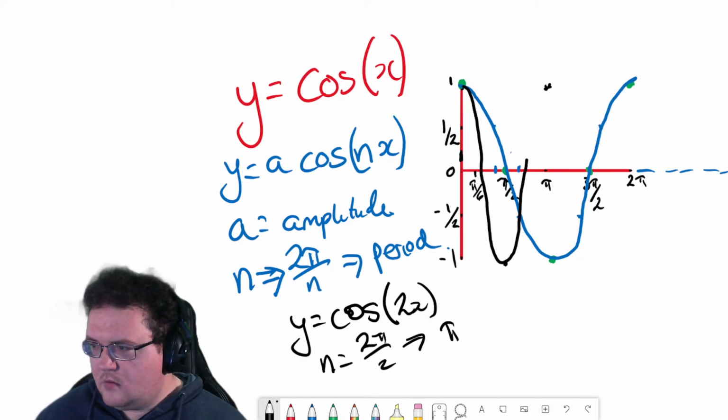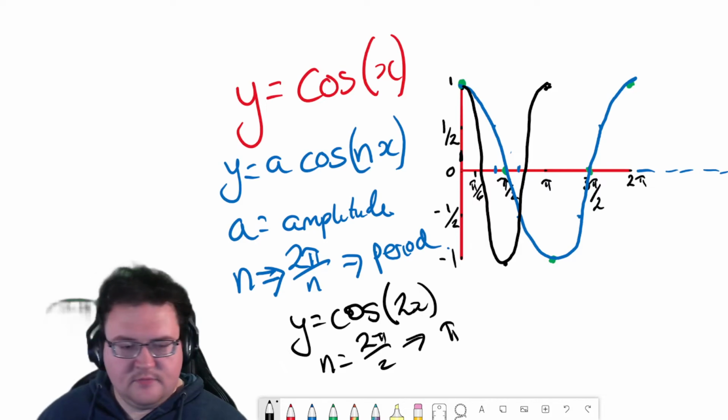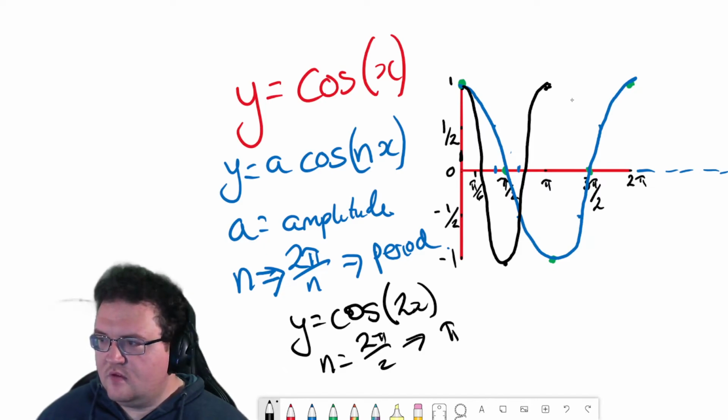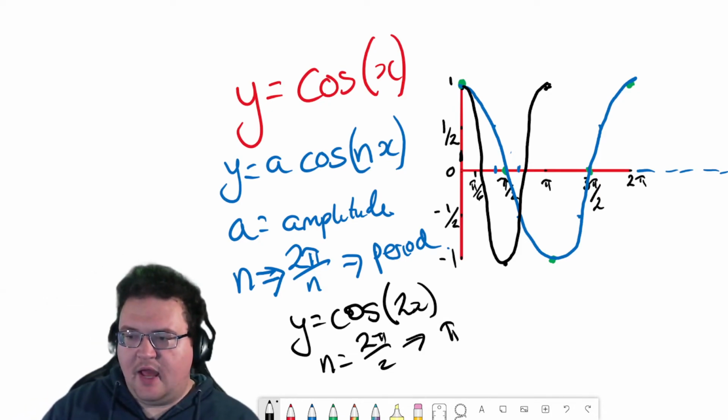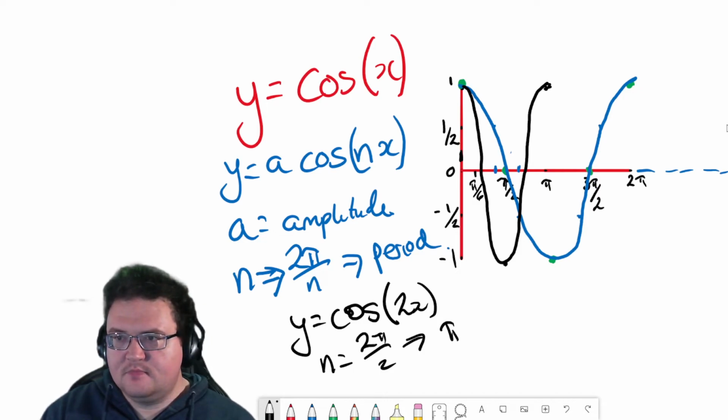And we've squashed the graph. So in blue is cos of x, and in black is our cos of 2x.